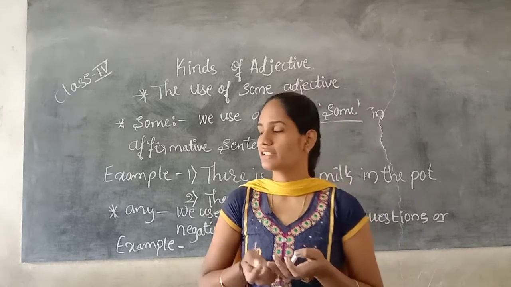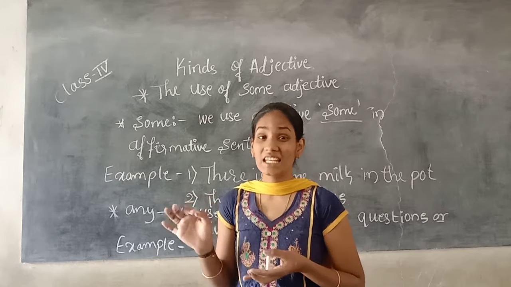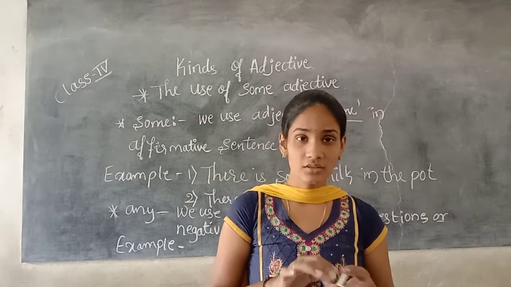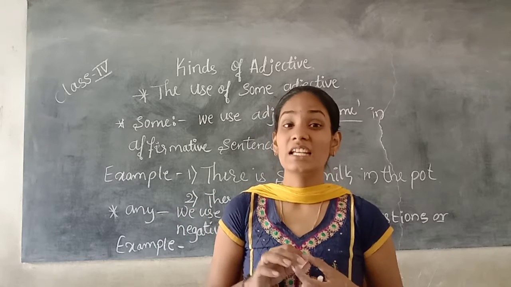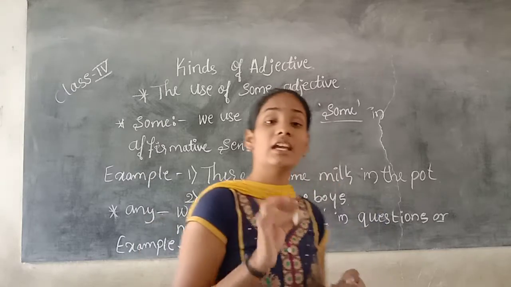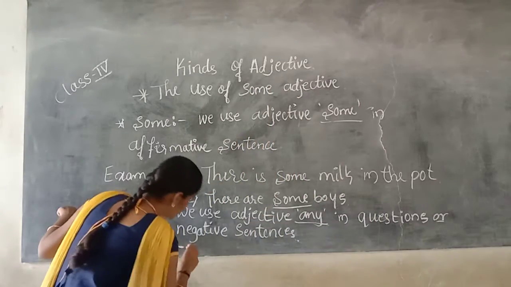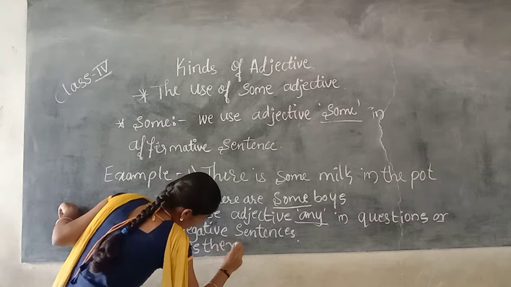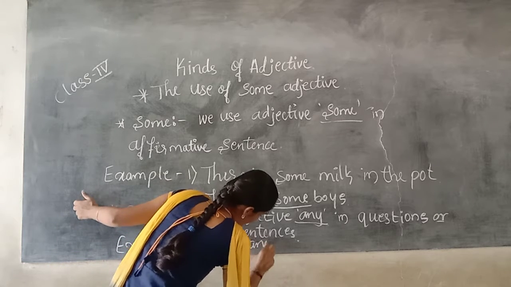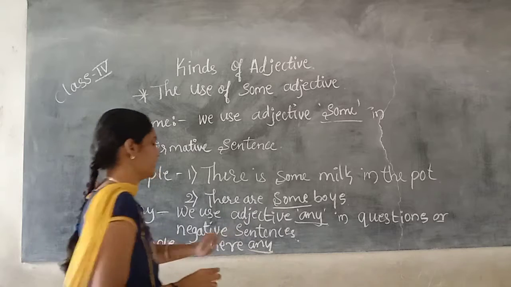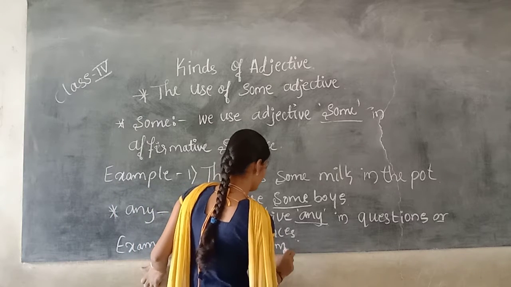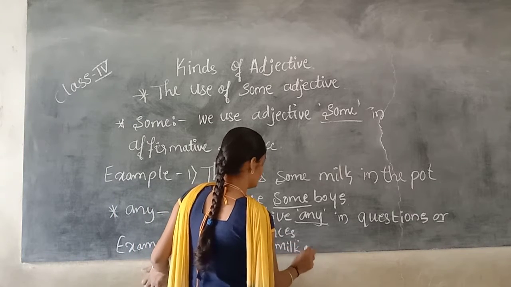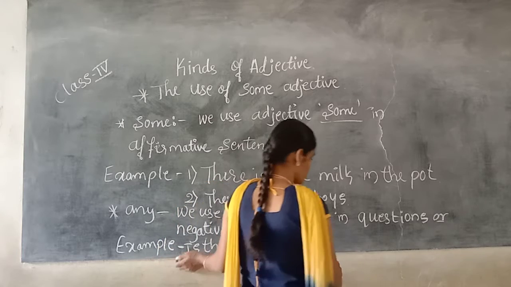Someone asks me, is there any milk in the pot? They are questioning me. So see here, the word any is describing milk. Is there any milk in the pot?